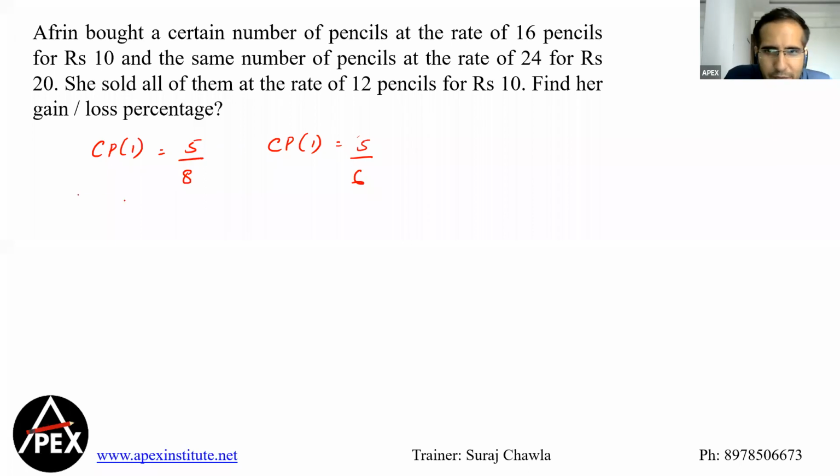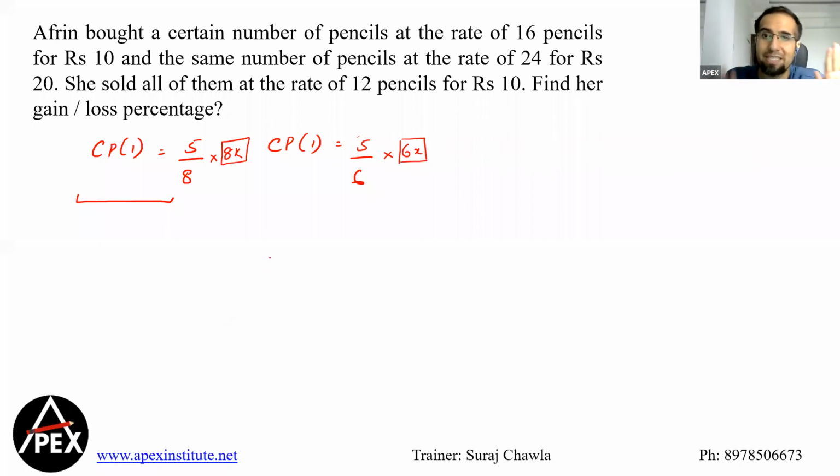So can I say if I take a number which is a multiple of 8, I won't have a fraction here. Similarly, can I take another number which is a multiple of 6, I won't have a fraction here.